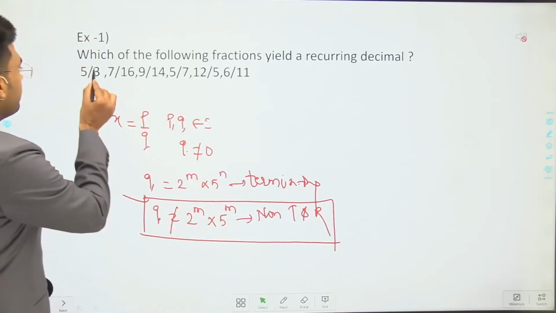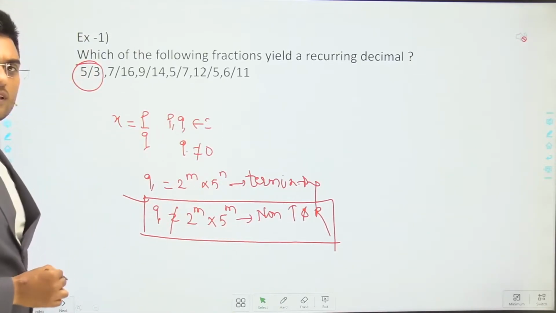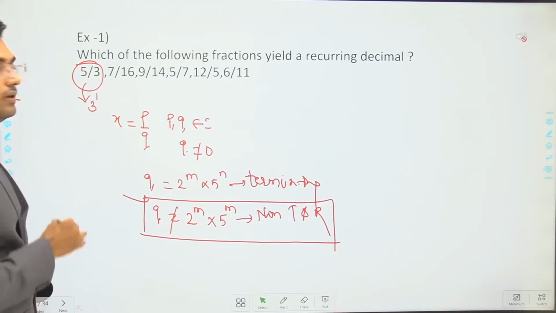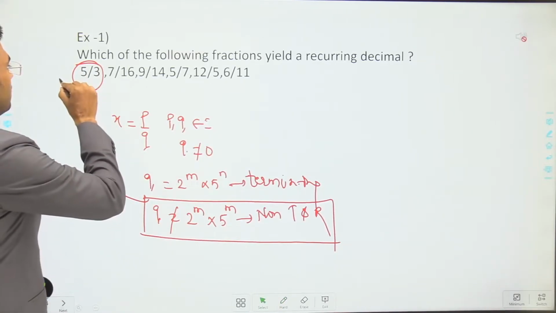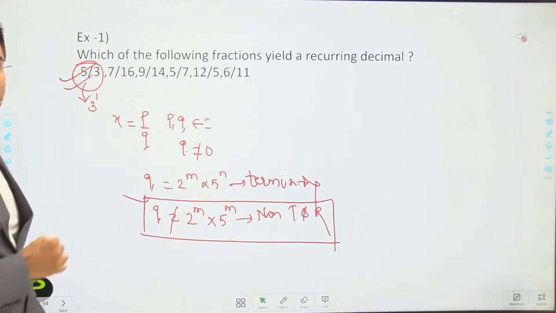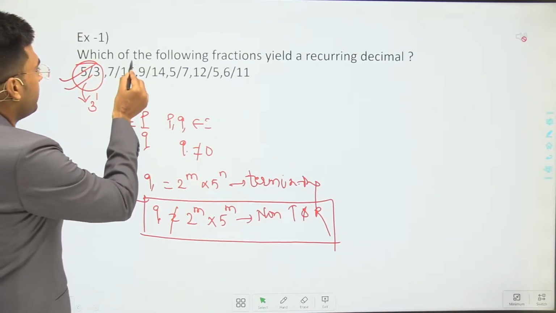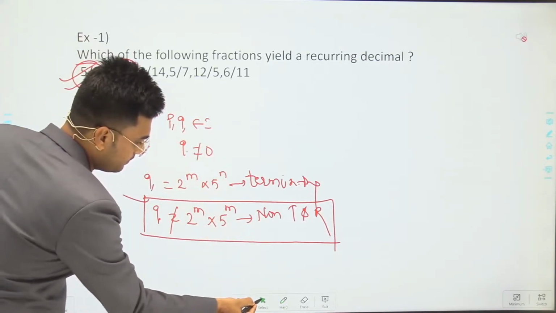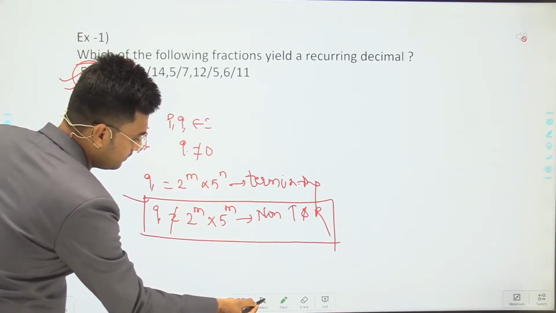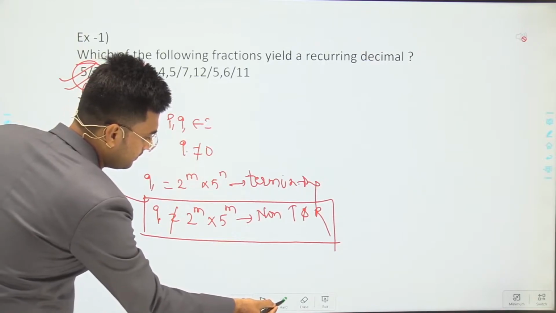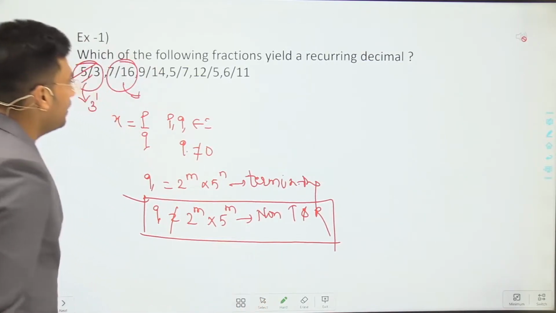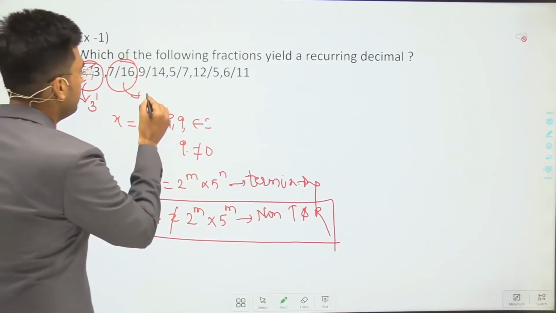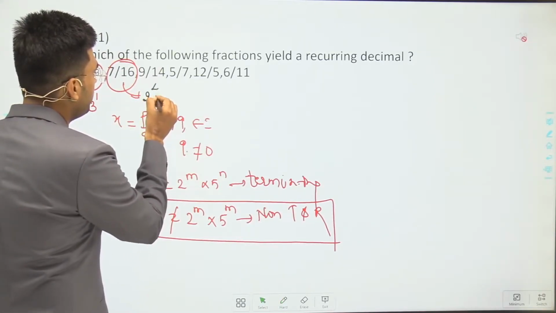So let's start with 5 by 3. In 5 by 3, the denominator is in the form of 3 power 1, so it shows a recurring decimal. Then go to 7 by 16. The denominator is 16, and 16 we can write in the form of 2 power 4.